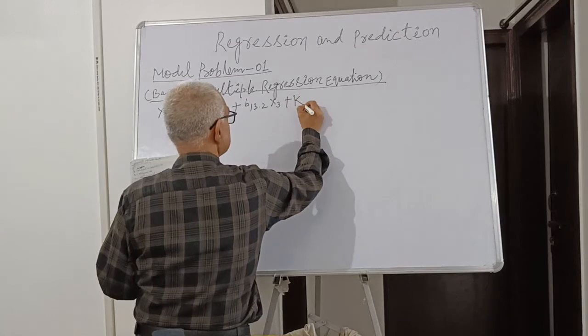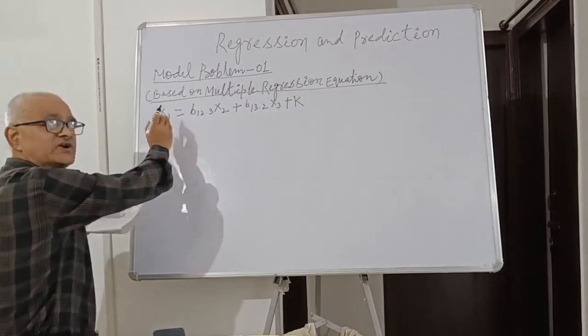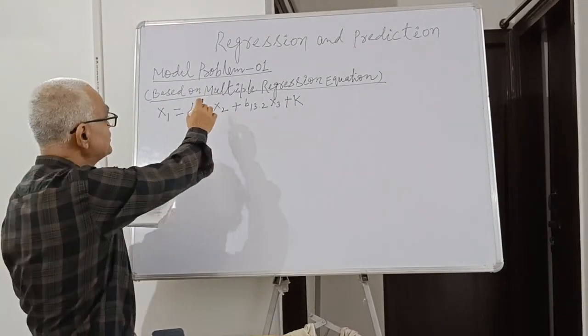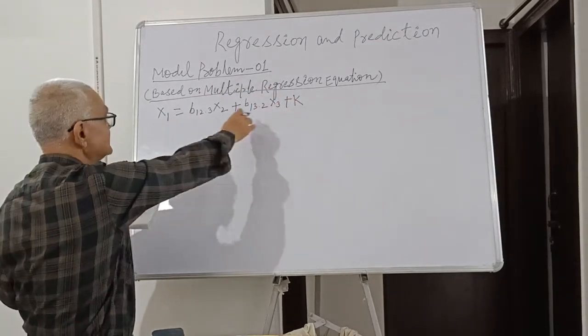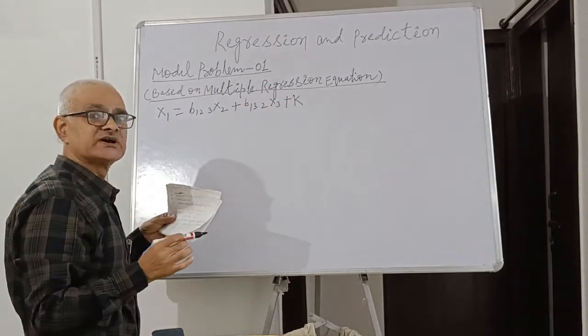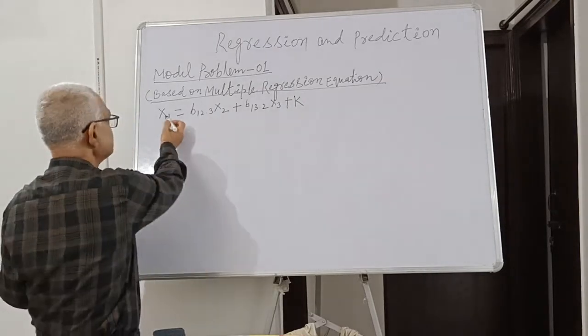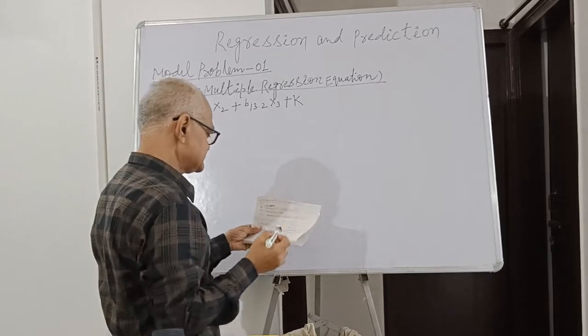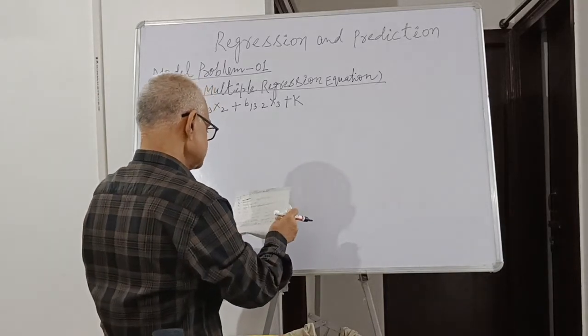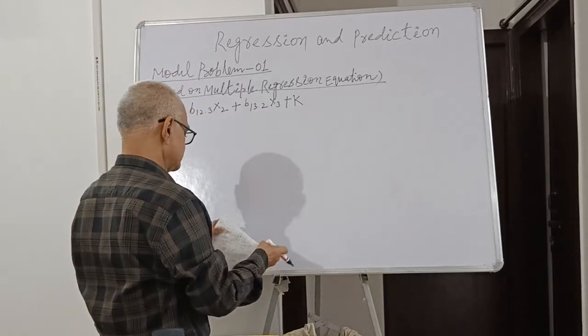So this is the equation in order to find out the multiple regression equation in relation to x1, x2 and x3, where x1 is the dependent variable and x2 and x3 are independent variables.